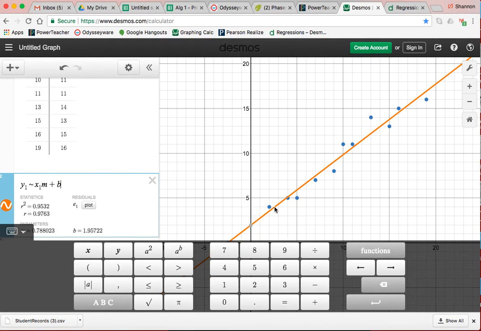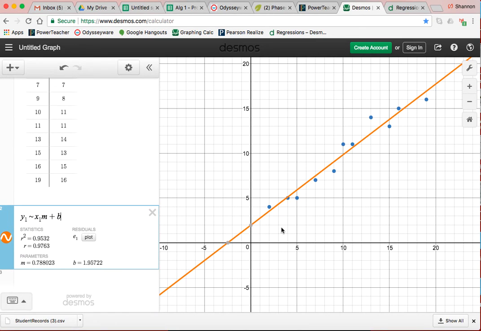You'll notice it draws a line for us, which is our line of best fit, and it also gives us some statistics and some parameters. So the m and the b are the parameters that we're looking for in our line of best fit. Remember, m stands for slope.